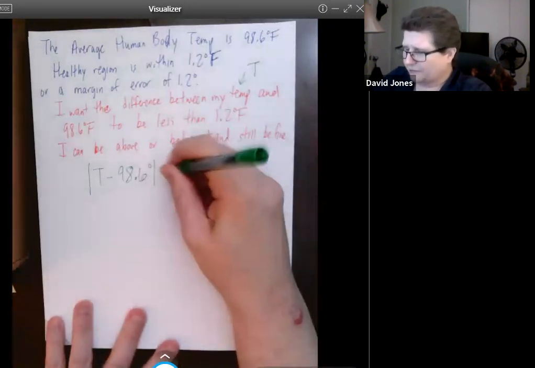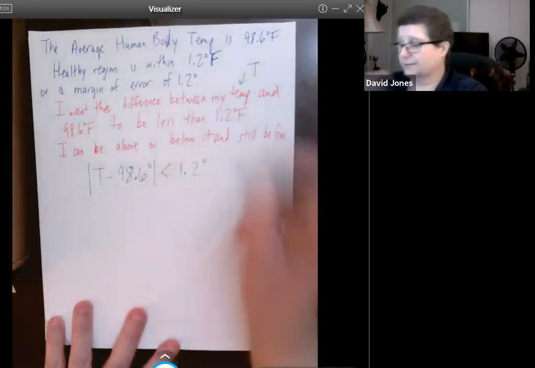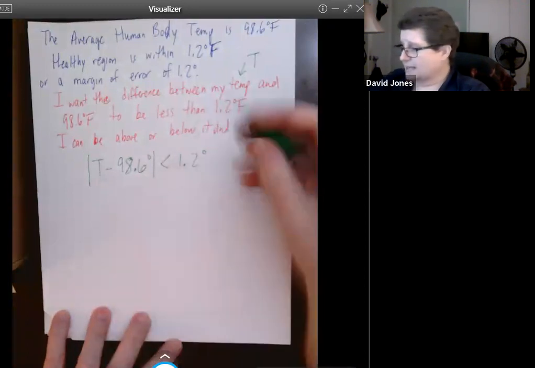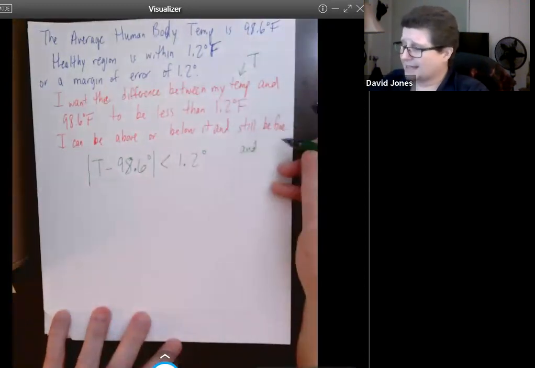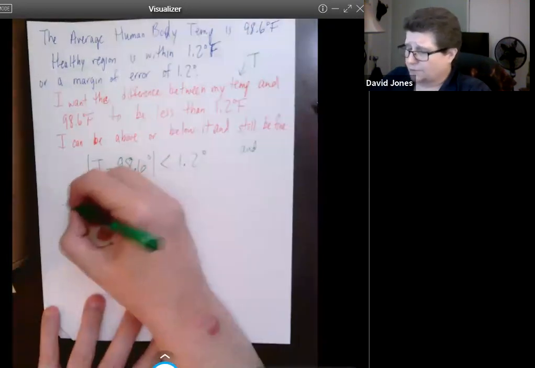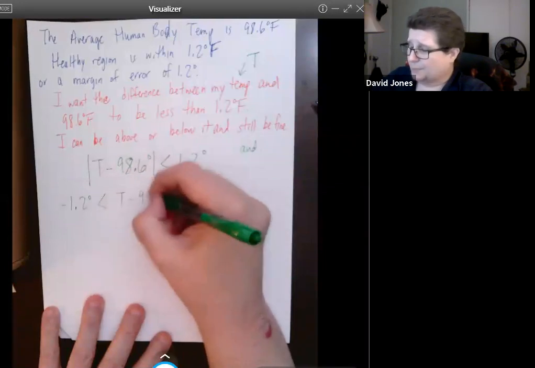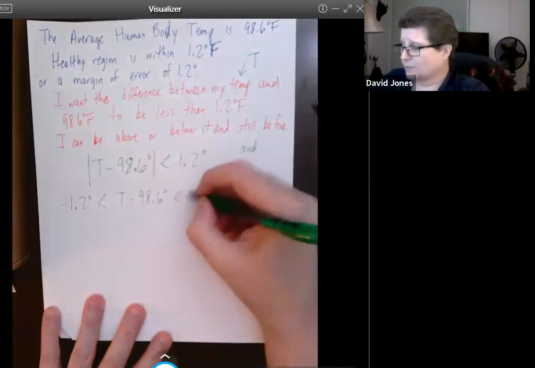I want that difference to be less than 1.2 degrees. This is an and scenario, less than and. I can do -1.2 degrees less than T minus 98.6 degrees less than 1.2.